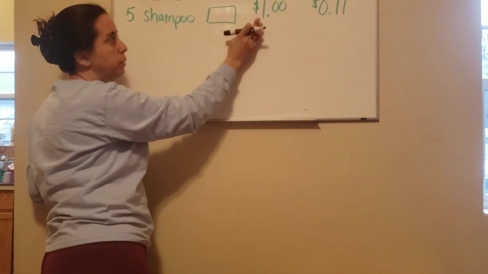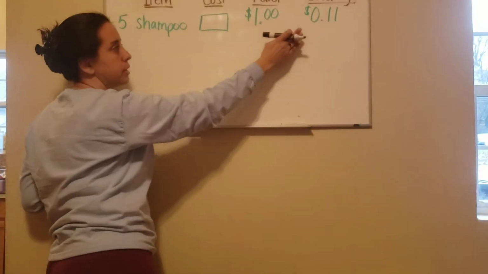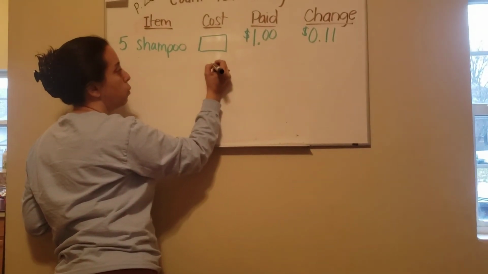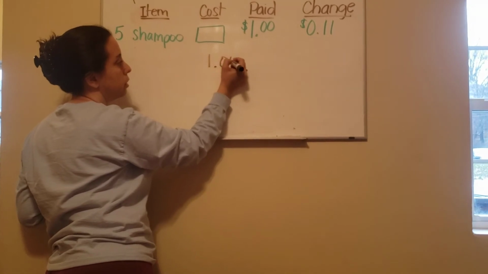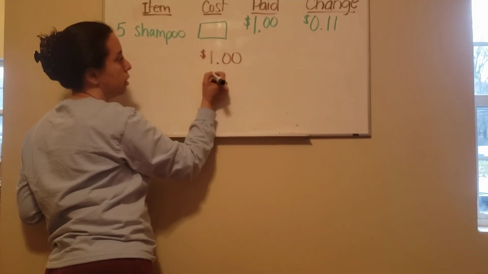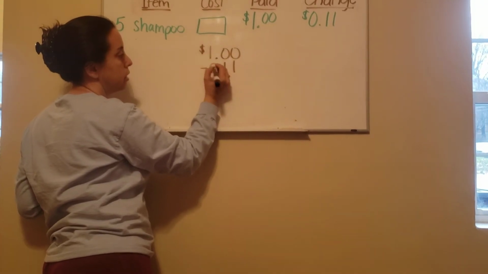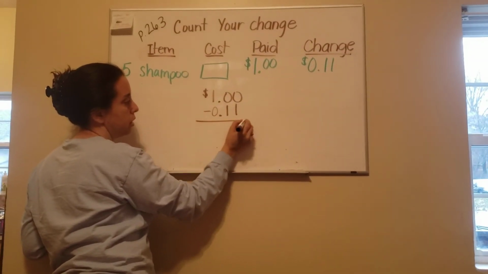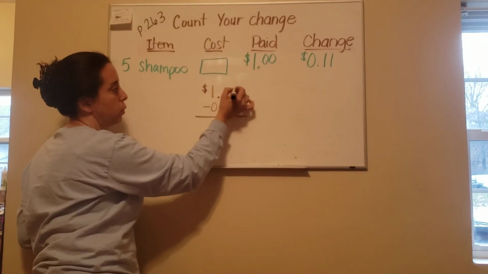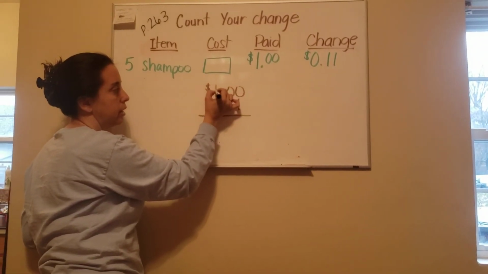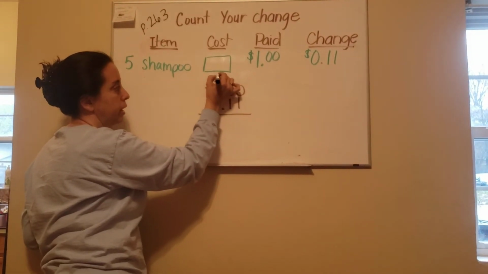Because if I paid $1 and I got 11 cents, then I need to see how much this is. So I'm going to take $1 and I'm going to subtract 11 cents. So $1 minus 11 cents equals, well, I don't have anything to borrow from here. This neighbor doesn't have anything, and this neighbor does. So this becomes a 0.